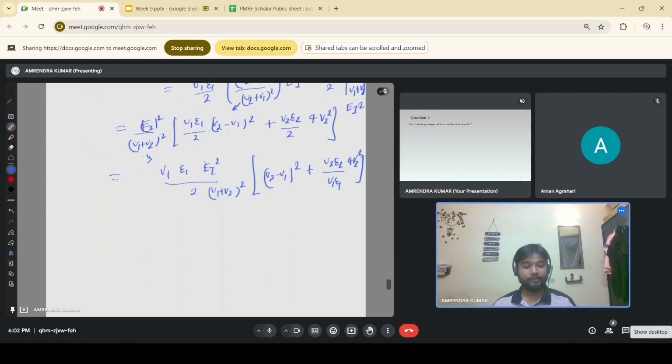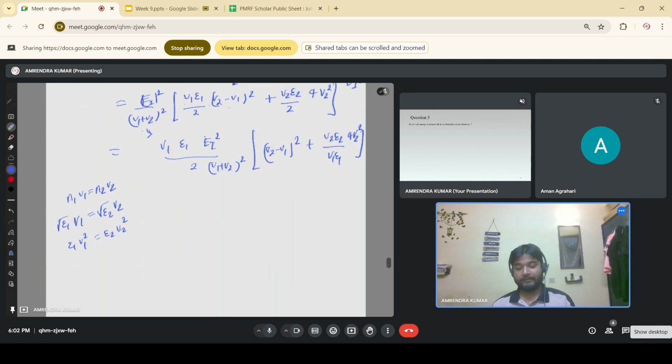Now to solve this, again we have seen that N1 V1 equals N2 V2. That means that N1 is proportional to under root epsilon, and V1 equals 1 over root epsilon. So epsilon 1 V1 square is equal to epsilon 2 V2 square, and that means that we have to calculate epsilon 2 over epsilon 1, and that is nothing but V1 over V2 squared.